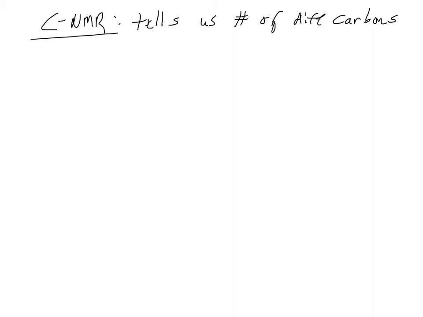The frequencies do tell us some stuff, but the shielding and deshielding isn't as helpful as it is with proton NMR. You could say the C's of the carbonyls, C double bond O's, are always way downfield around 180.